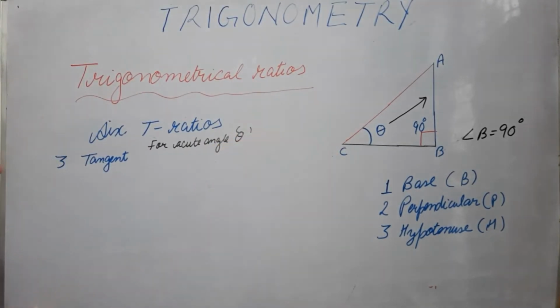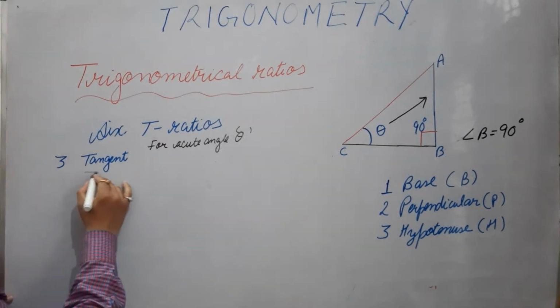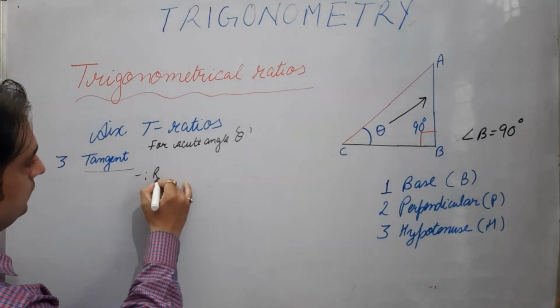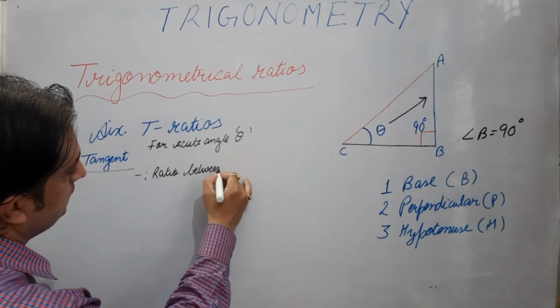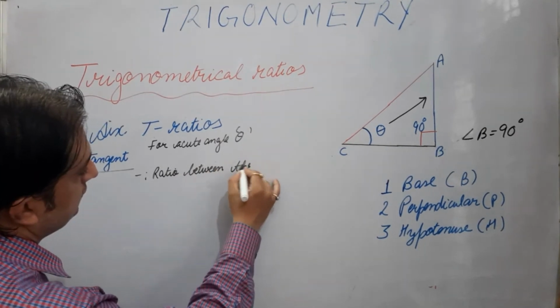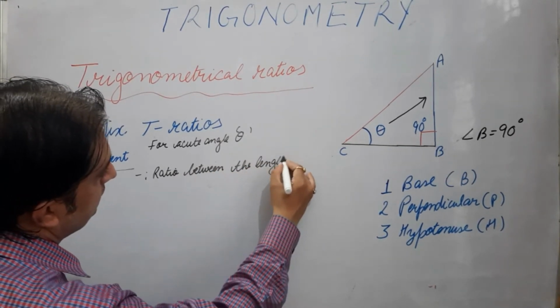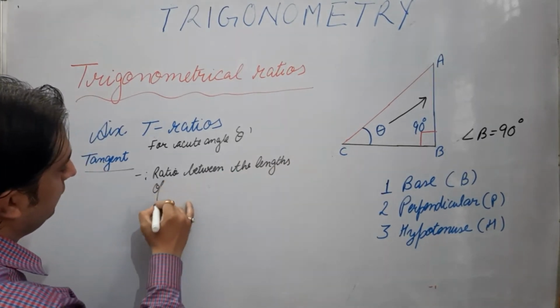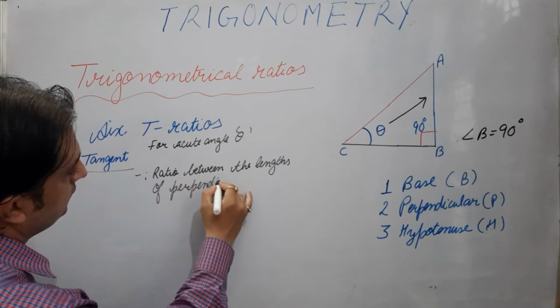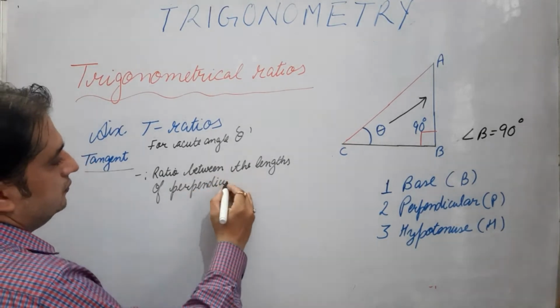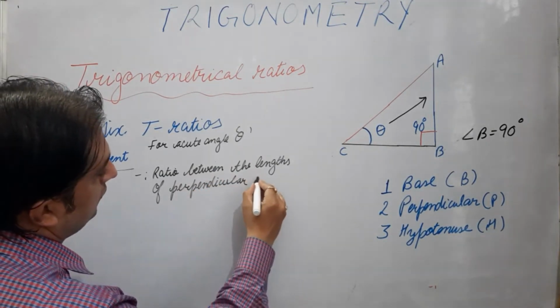It's also angle C. So the third is a ratio between the lengths of perpendicular and base.